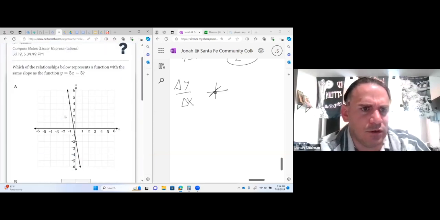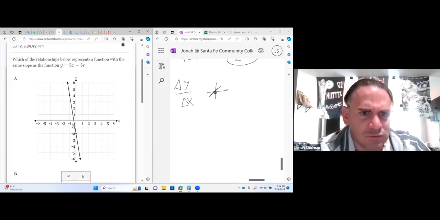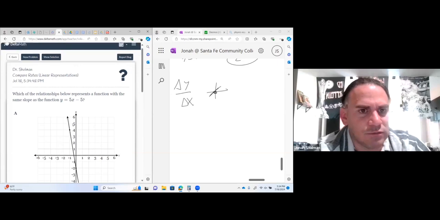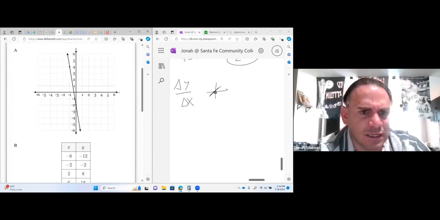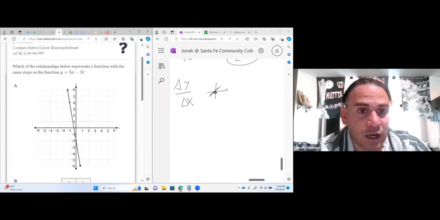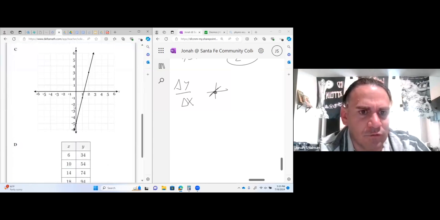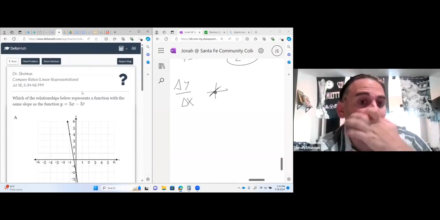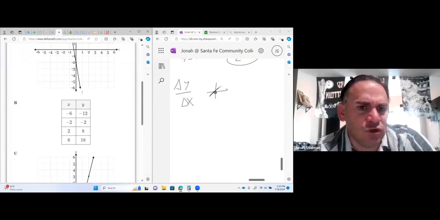Right. Here we go. Which of the relationships represents this function? Okay, so we got some choices. So this is -5. It's got to hit at -5. This guy's out. This guy works, -5, and the slope is +5. Up 5, 1, 2, 3, 4, 5 over 1. Nope, this one's off too. So A and C are out, which is okay.